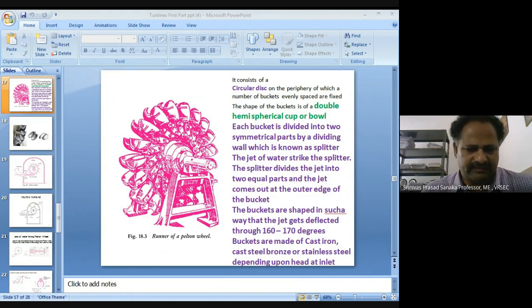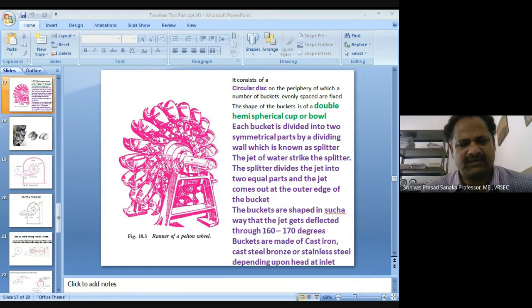So let us see the construction details of Pelton wheel. Here the diagram is a runner of a Pelton wheel.